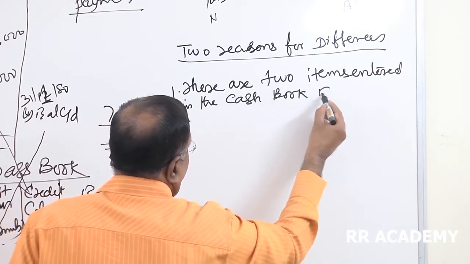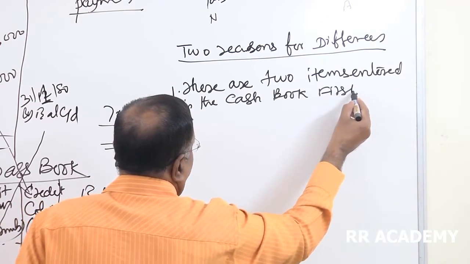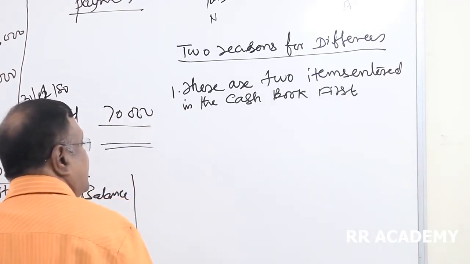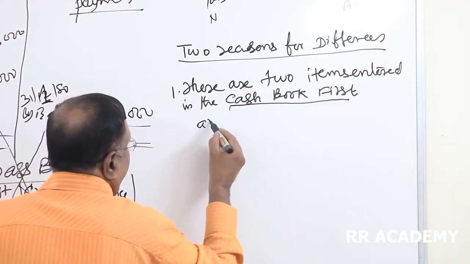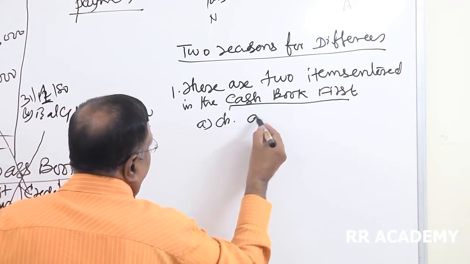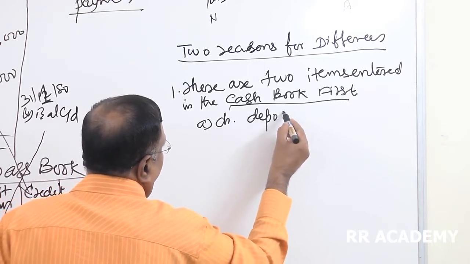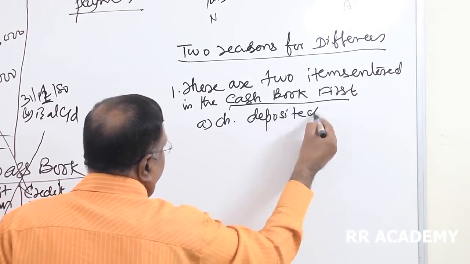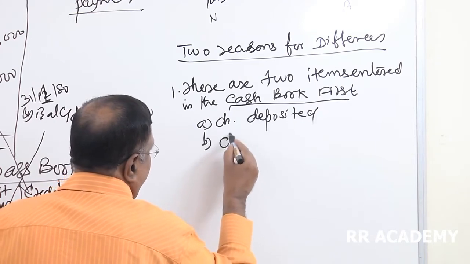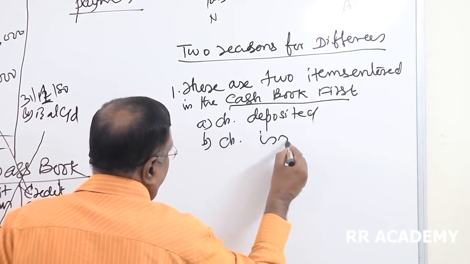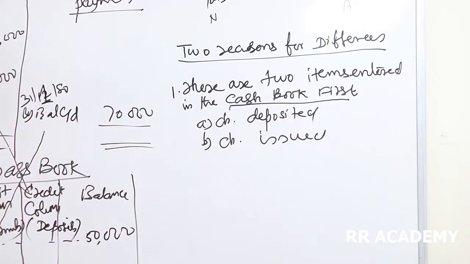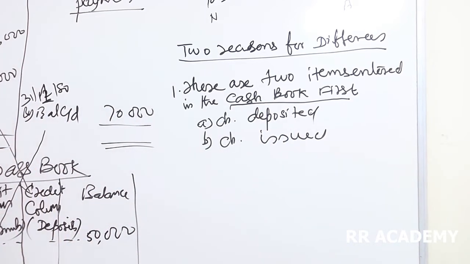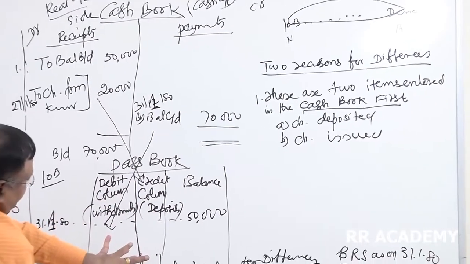Cash book first, very important, friends. Cash book first, then only passbook. What are they? Check deposited. When we do the problem, you will understand. A, check deposited, B, check issued. These two will be entered in the cash book first. After 5 days only it will be entered in the passbook.